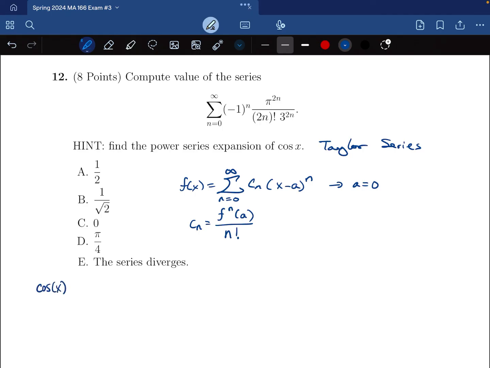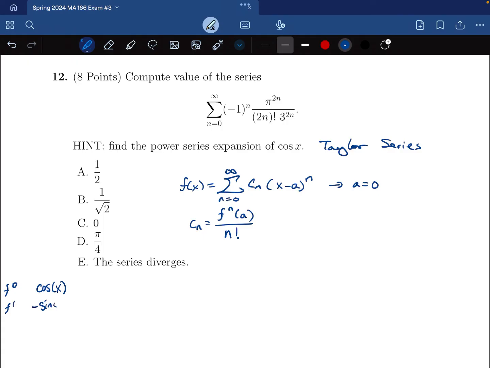Notice here we have the nth derivative of f, right? So let's calculate the first few derivatives of cosine x. So I have cosine x as the 0th derivative, f0.